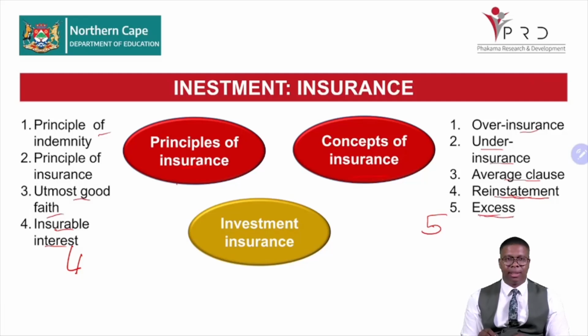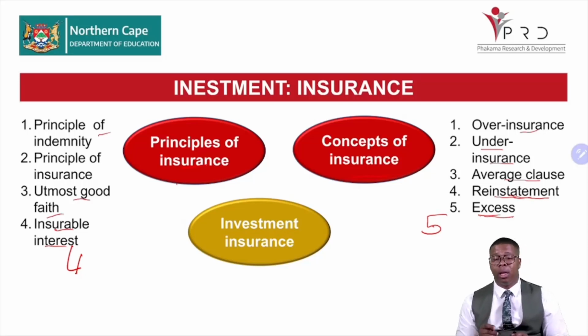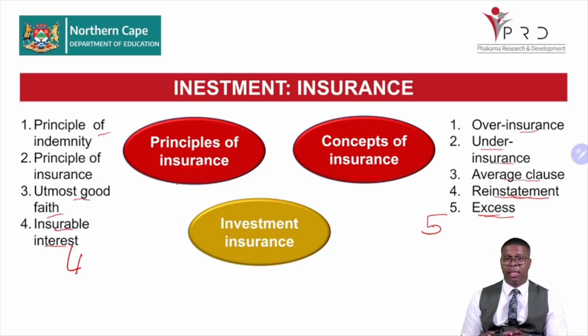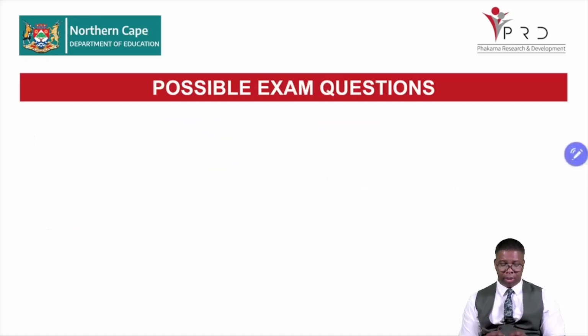Then we also have excess. Excess has to do with the process of claiming, to say before you claim, there's a certain amount that you have to pay so that your claim can be processed. This will help the insurance company to avoid people who want to commit fraud, knowing that before you can claim, you have to pay something. So it helps the business to cap the fraud and any corruption that may be around claiming for insurance.